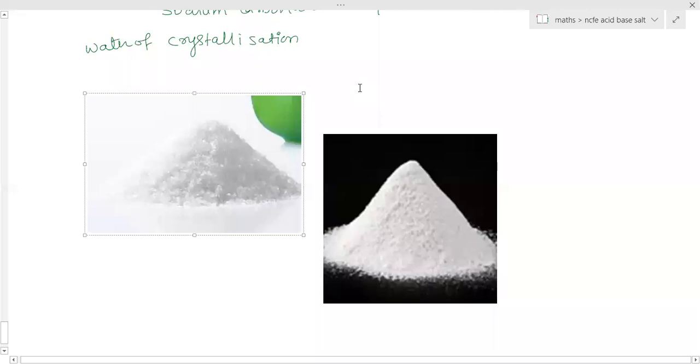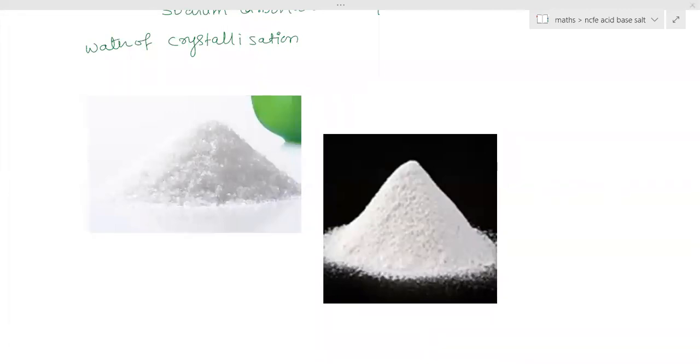In the first chapter also, you have seen one hydrated salt. What is that? Green vitriol, that is iron sulfate, FeSO4.7H2O. And the second one is copper sulfate, also in crystalline form.